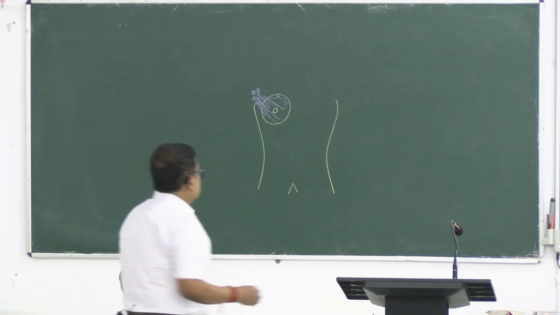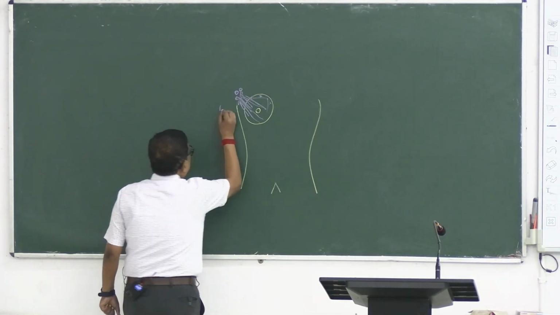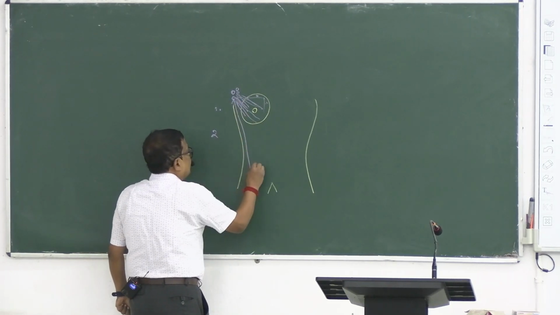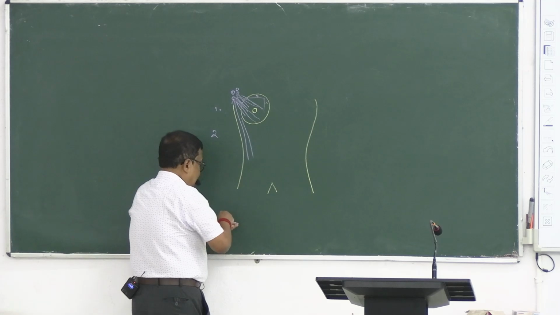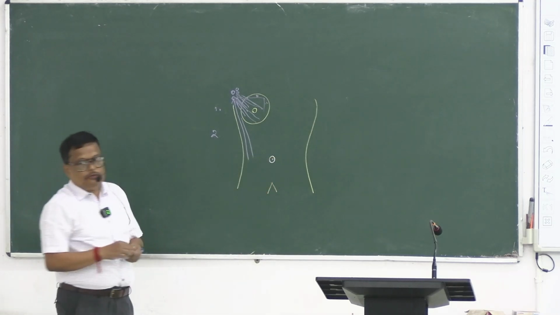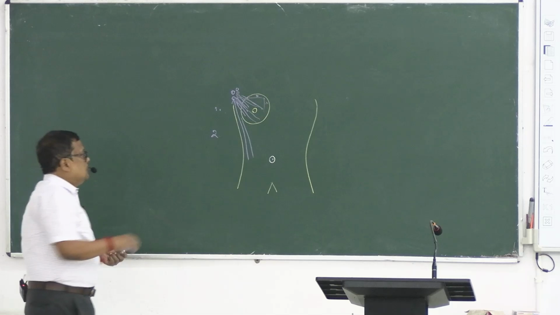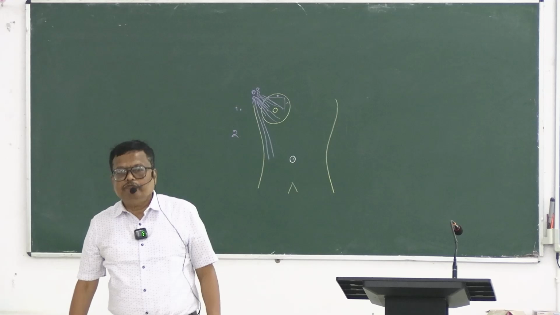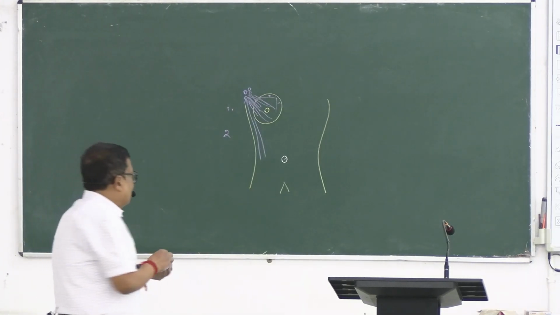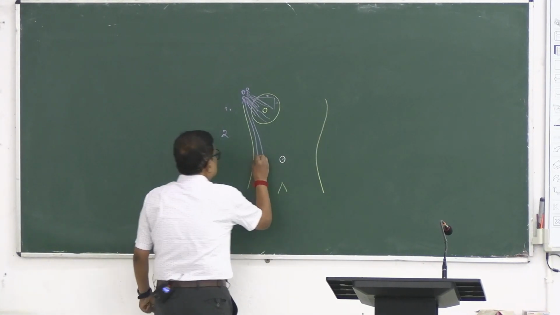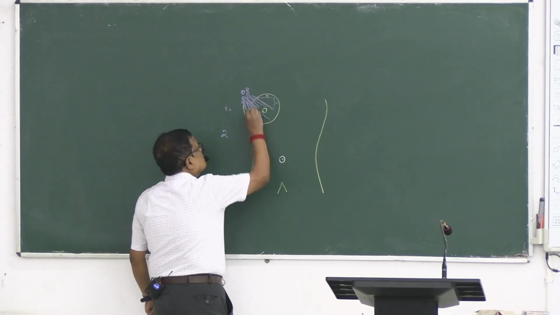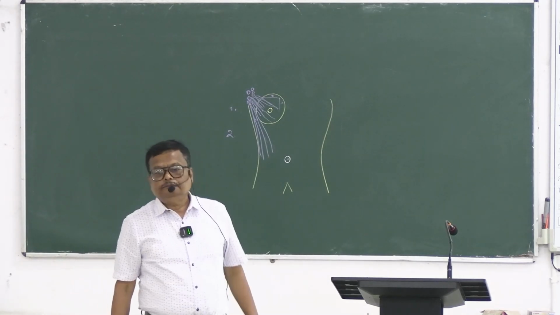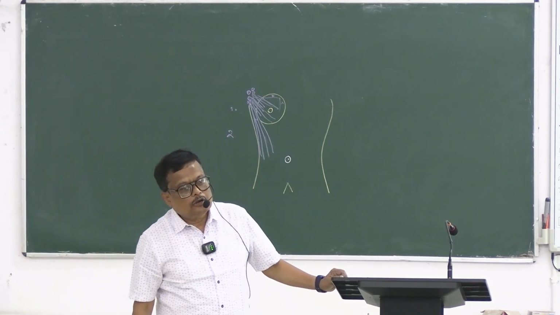Plus, it is not written here, this is number 1. Number 2, this is the umbilicus or navel. The cutaneous lymphatics of the anterolateral abdominal wall goes to the anterior group of lymph nodes.